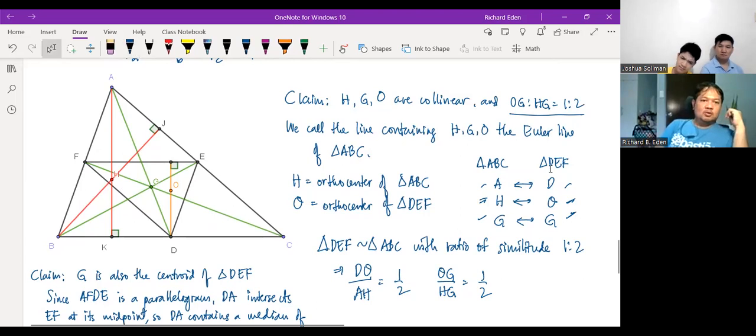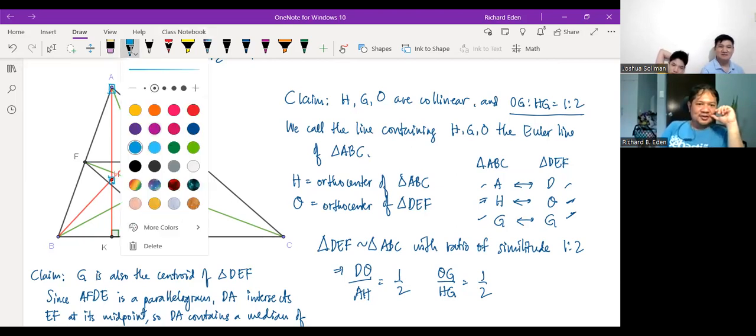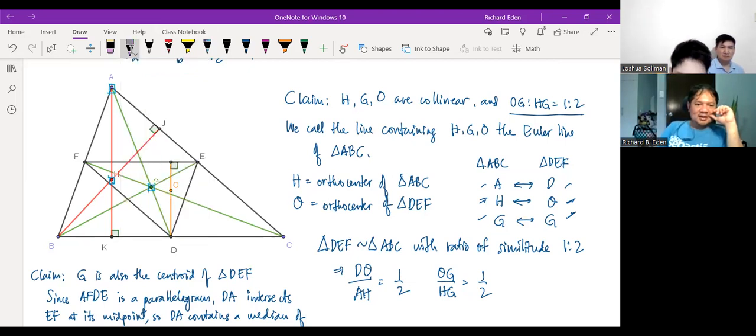What we're going to do is consider the following two triangles: A, H, G, versus, in gray, D, O, G. I don't want to overlap them because I spent a good amount of effort color coding the points, and I'd just cover them with color.